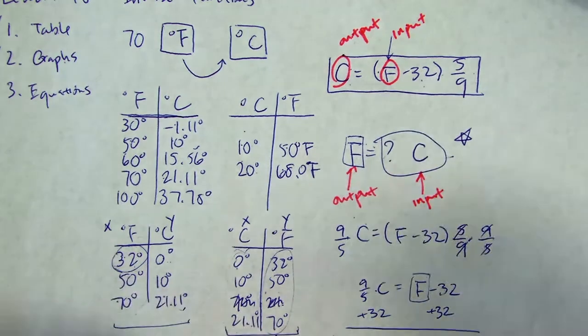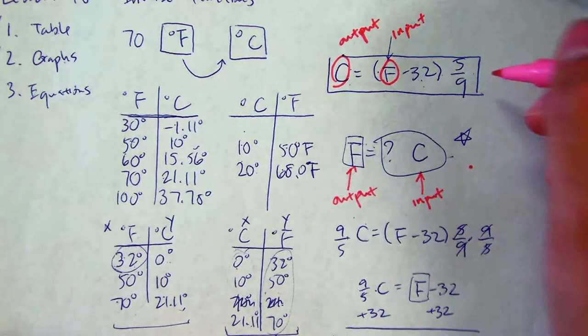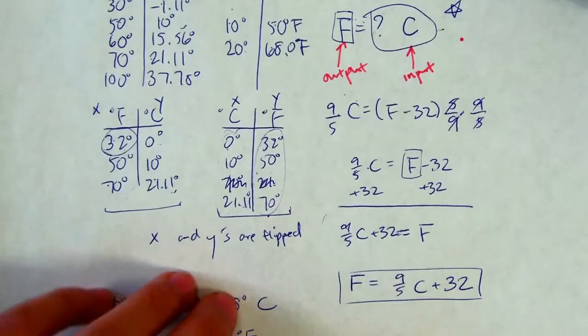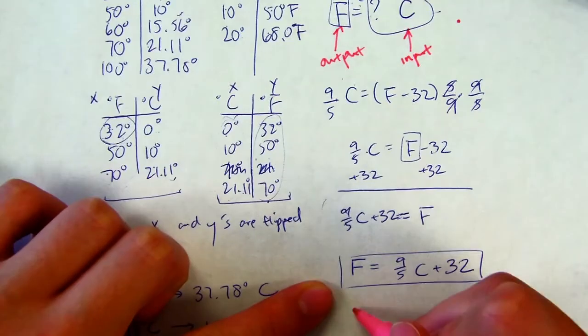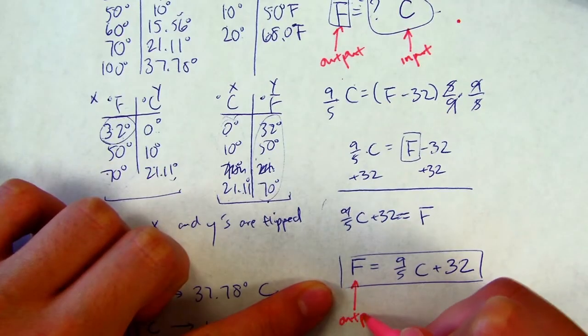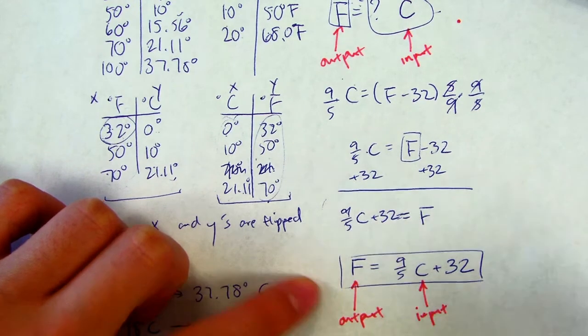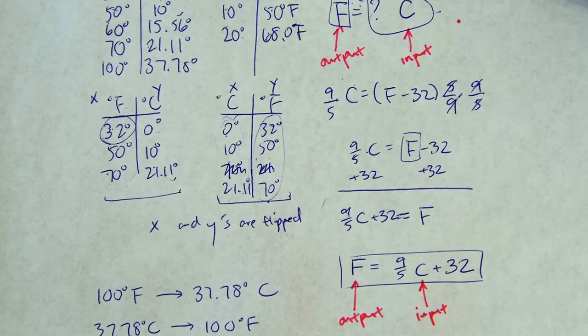Like Camille, my friend, will use this. I will want to use this so I can communicate with her. So we take a look at this equation. Now here we have the output F, and we could input a Celsius to find the Fahrenheit. And that's how you deal with equations for inverse functions. The x and y's are just switched.